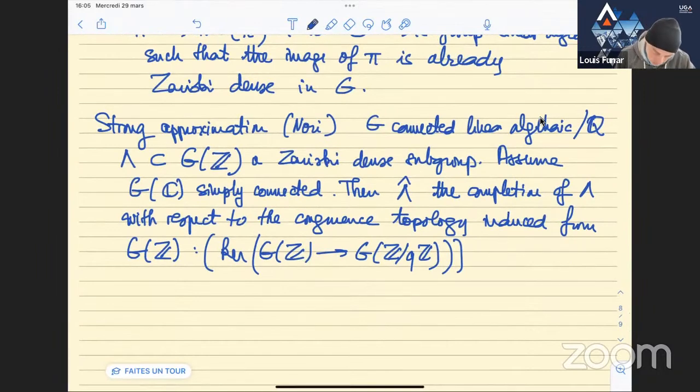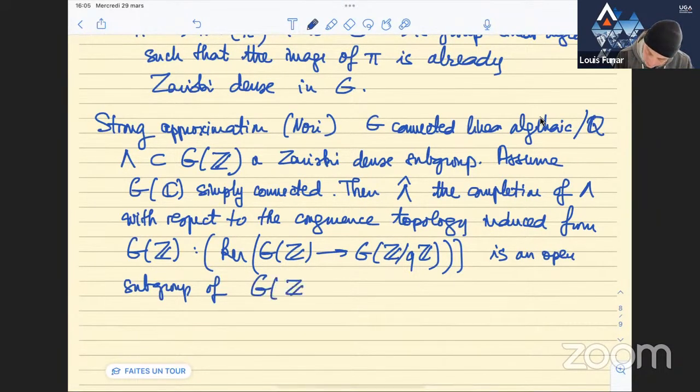This is the congruence topology. Is an open subgroup of G of Z hat.